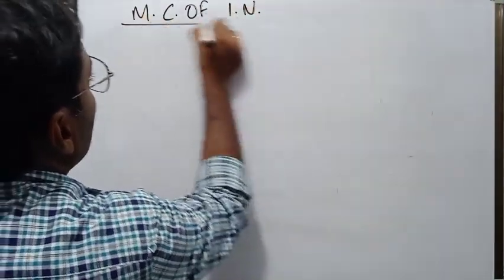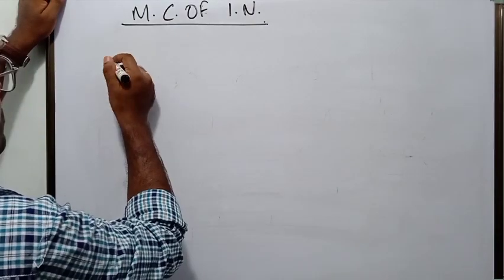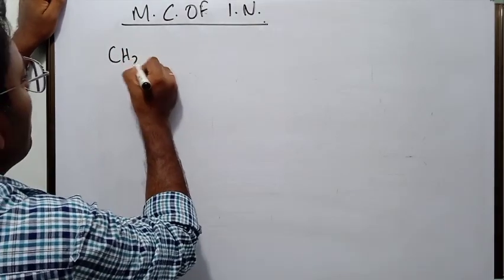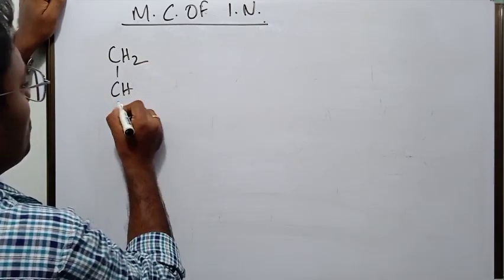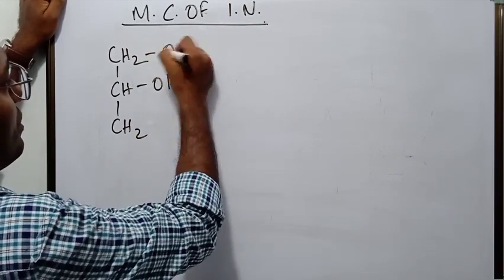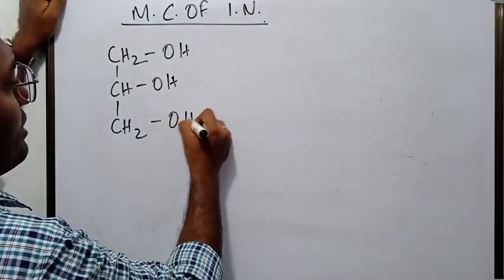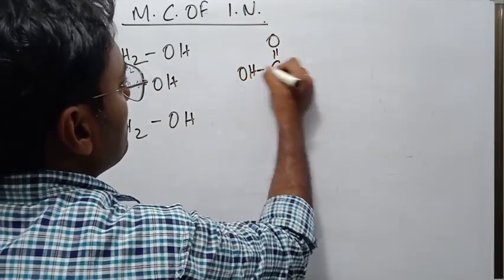Let us see. Suppose you take an oil, glyceryl trioleate. This is glycerol, as you know, and oleic acid is this.